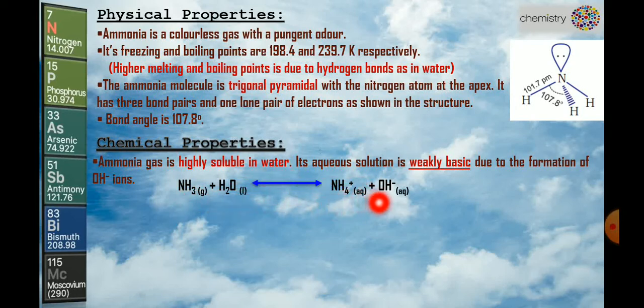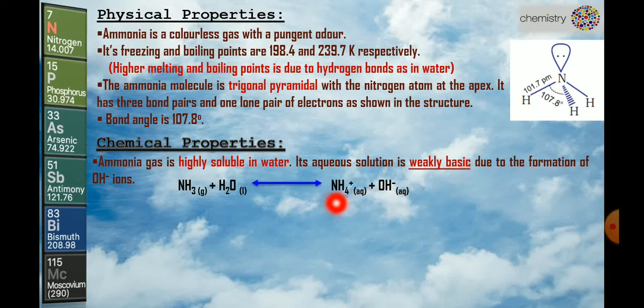It forms ammonium hydroxide, NH4OH, and that NH4OH ionizes in aqueous media to form NH4+ and OH-. When ammonia gas is passed into water, we get an aqueous solution. That solution is weakly basic.